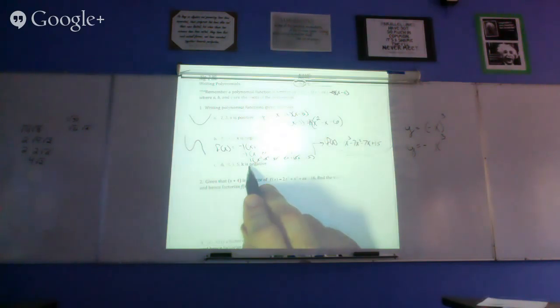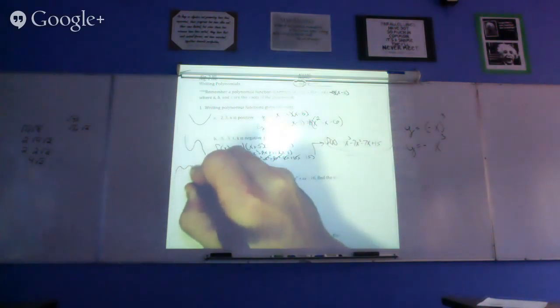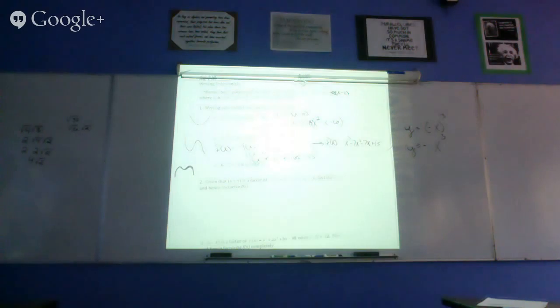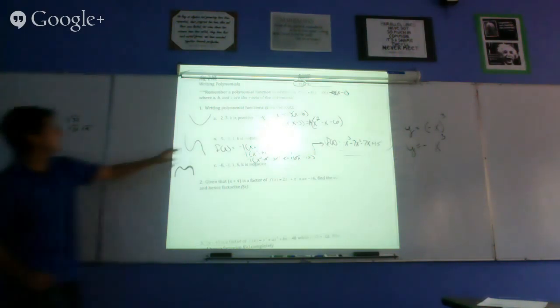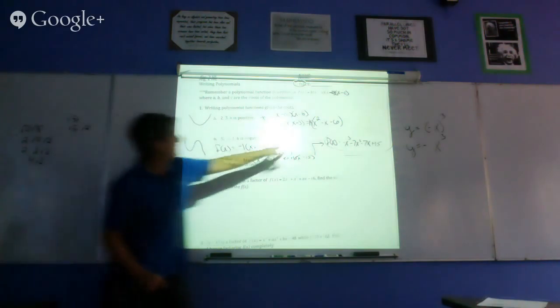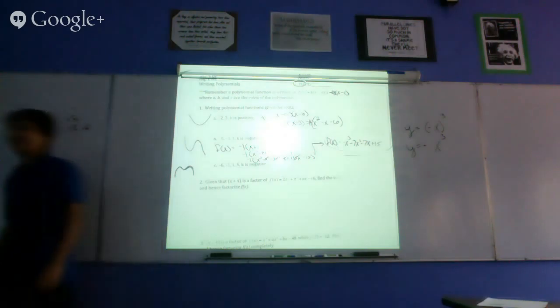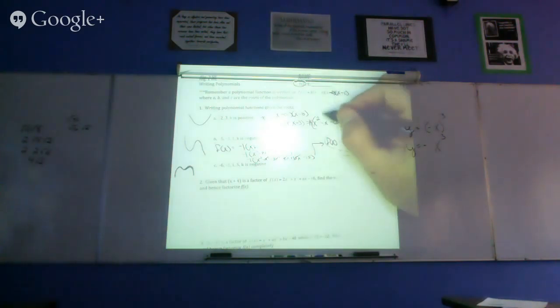How many numbers are here? What is this called?